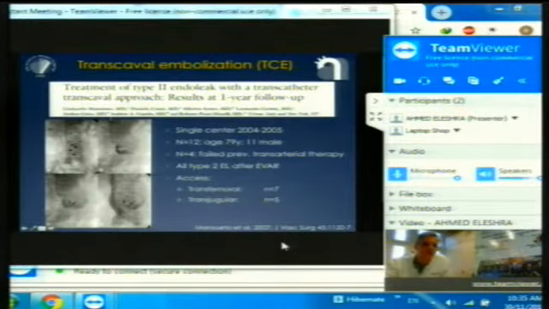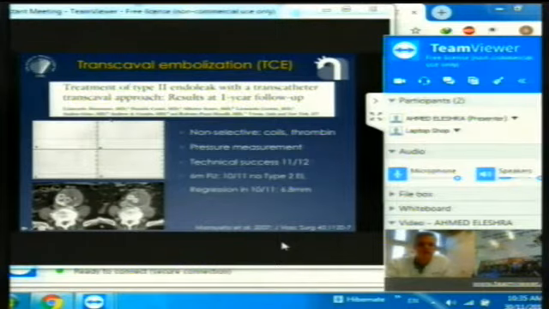In the beginning, this has been done from a transjugular approach, but most centers today do this from a transfemoral approach. The advantage is that we can stand at our usual right side of the patient and get a decent distance to the aneurysm sac, so that we can also use selective embolization.